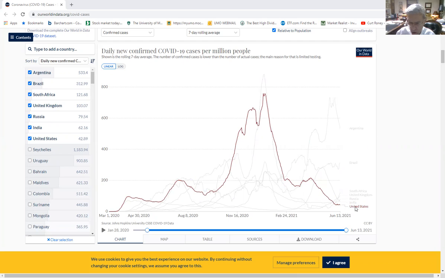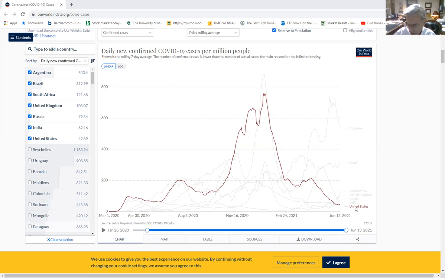So there's the US, and we can see that back around March or April in 2020, this thing began. And then it took stair steps. It really got nasty in August. But then around the Christmas holidays, it just really exploded. And the US has had more cases of coronavirus than any other country. However, that may change.